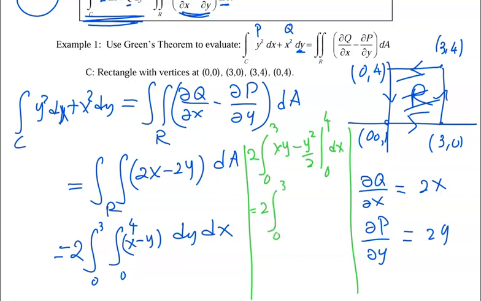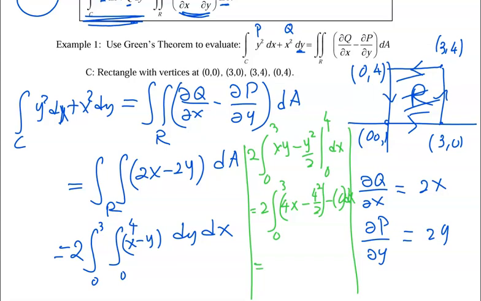If I plug in 4, that's 4x minus 4 squared over 2, that's 16 over 2, and then minus the lower limit, which is 0, so that's just dx.